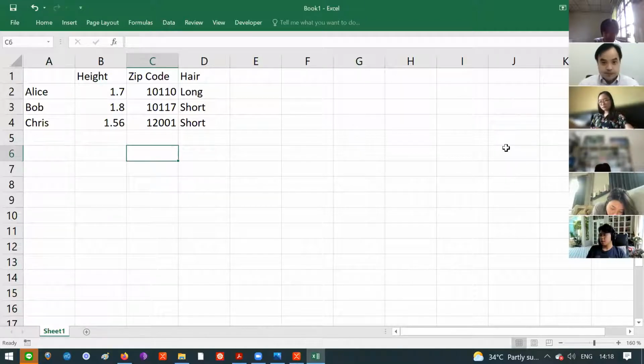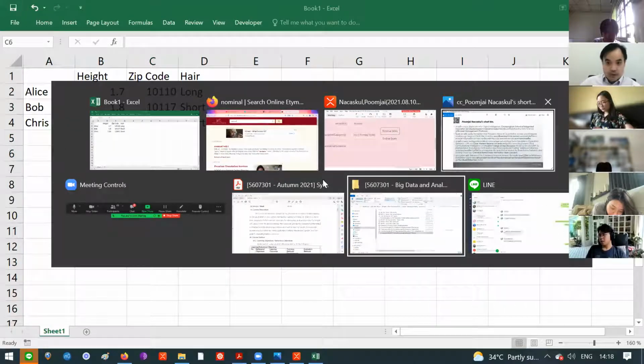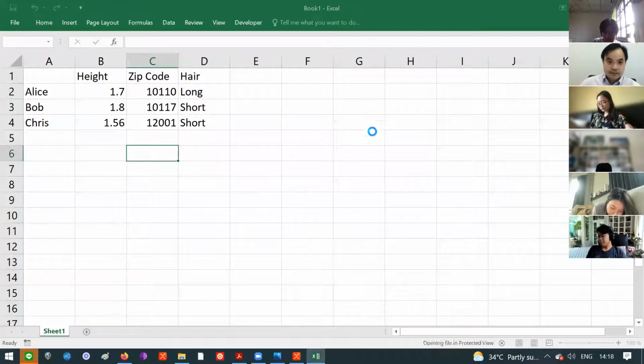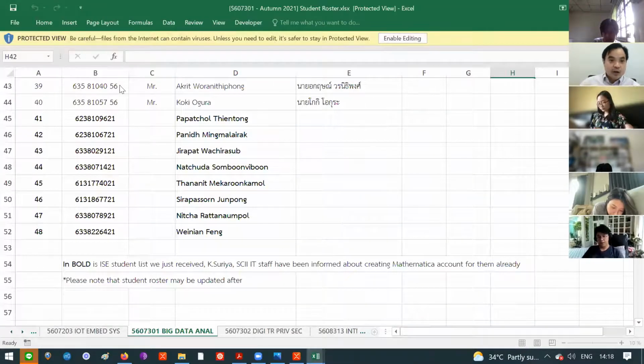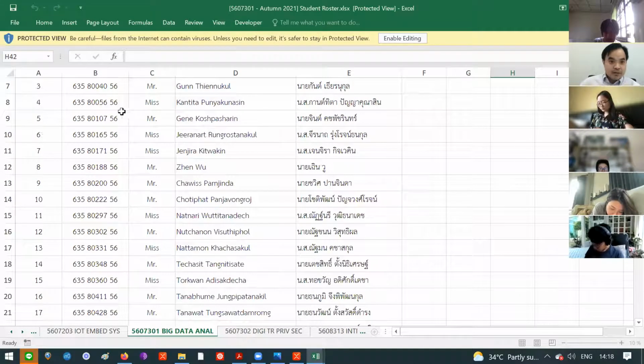Now, originally, it could have some sequence of meaning, like your student ID. Presumably, I have this person who is 80040 and this 80056.